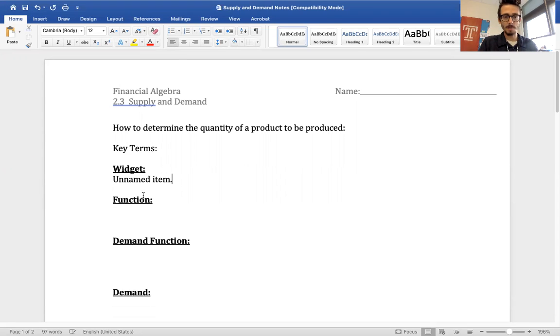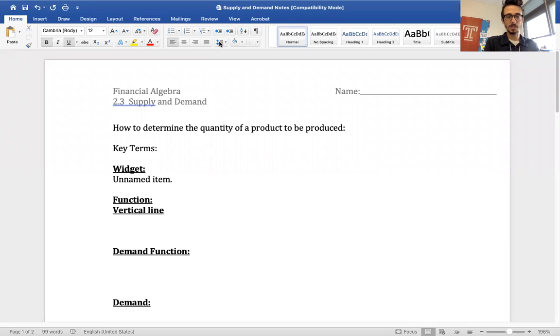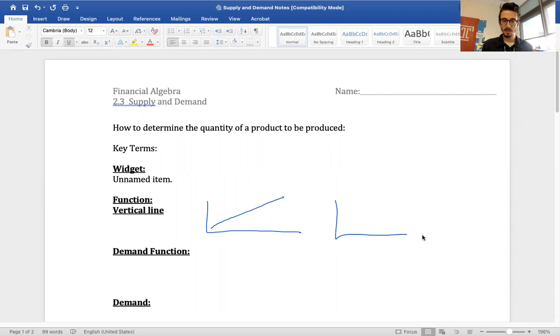A function, coming back from algebra of yesteryear, passes the vertical line test. Very vague. So let me draw a bit of an example to help you. It's pretty much saying that for every X value, we have one unique Y value. If we had a graph that was graphed out, this is considered a function.